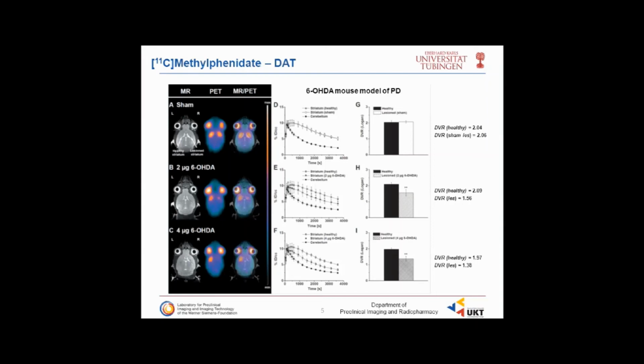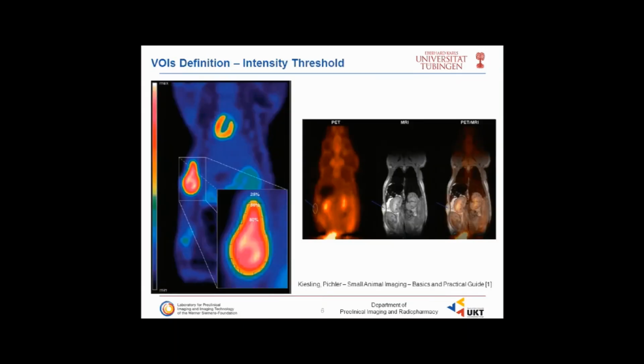And as you see, the right striatum over here diminishes more and more. So if you want to now quantify this reduction of dopamine transporters, you need somehow an anatomical landmark, either by having MRI scans or by having at least a very good atlas which fits your PET images. Otherwise, you have a very hard time to define your region of interest and draw a region of interest.